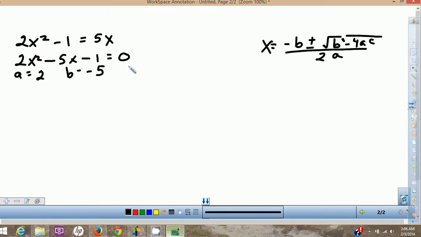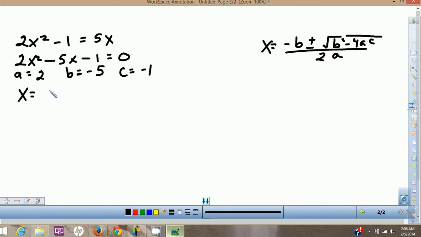Once we have determined what a, b, and c are, we substitute those values into the quadratic formula. So, x is equal to, we put a, b, and c in where they belong.